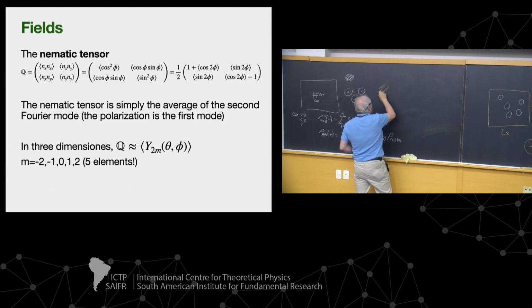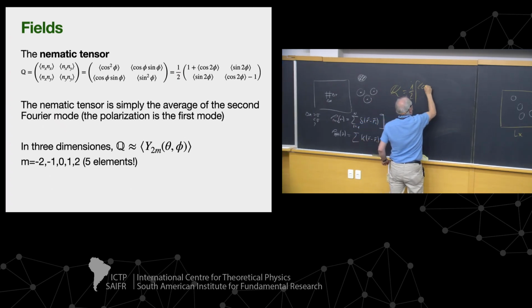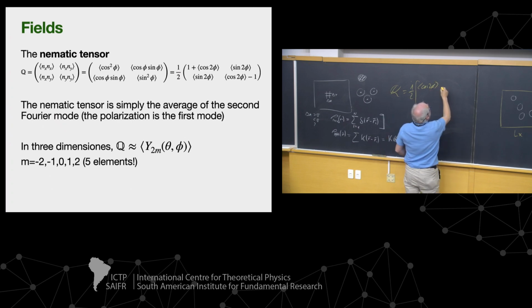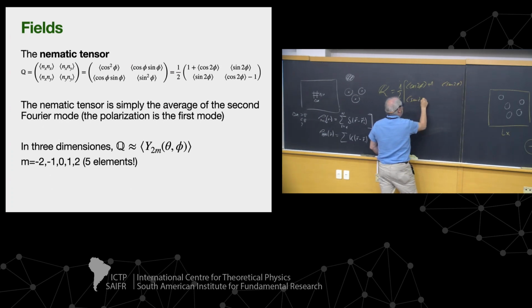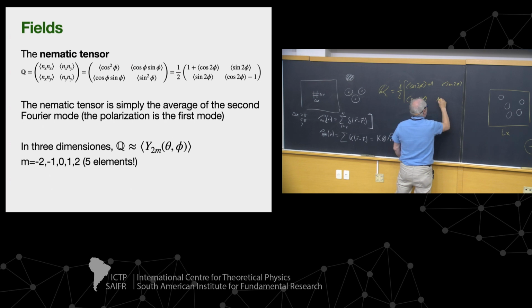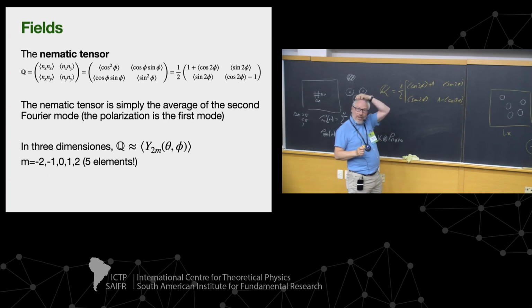Q is 1/2 plus 1 sine 2 phi, 1 minus. Yes, the sign is wrongly there. So that's what Julia wrote yesterday.